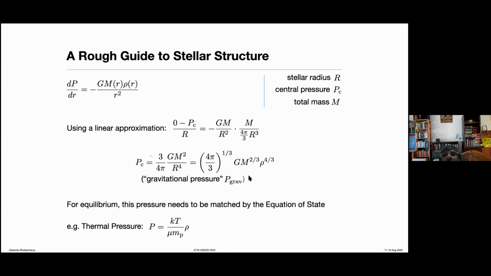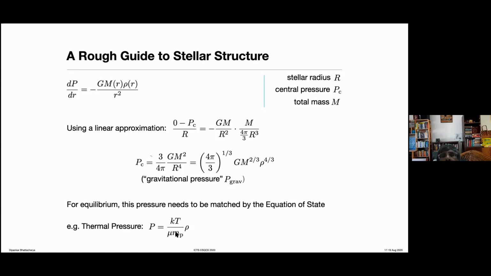So to balance it, we need an internal pressure, which is thermal pressure in this case. So for equilibrium, this pressure needs to be matched by the equation of state. And the thermal pressure, where we have the pressure given by kT over, this is the mean mass per particle, mu m_p.